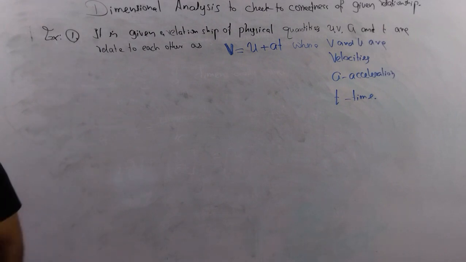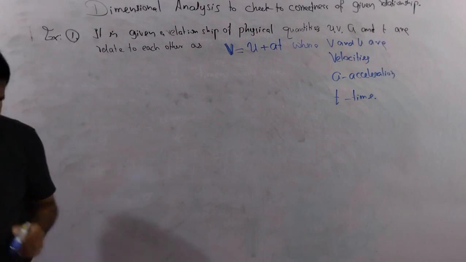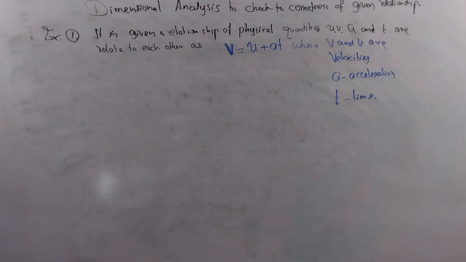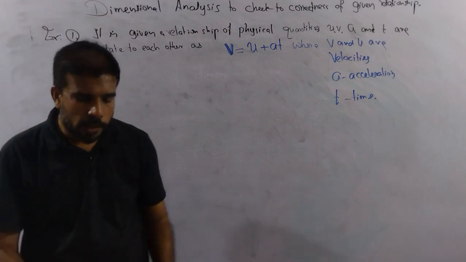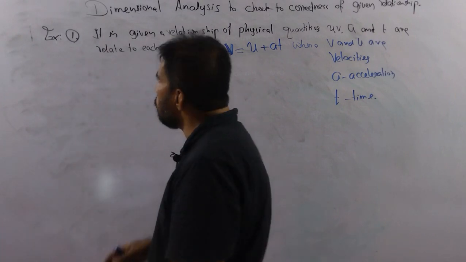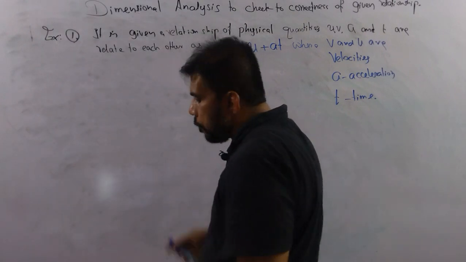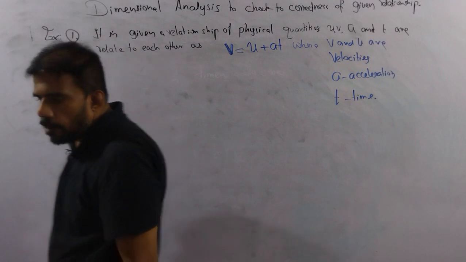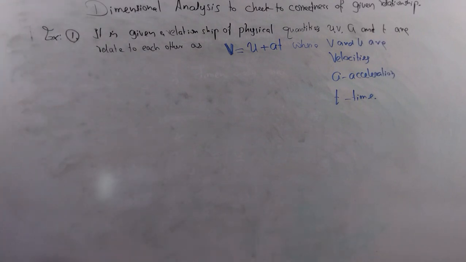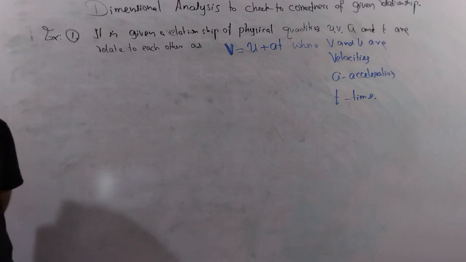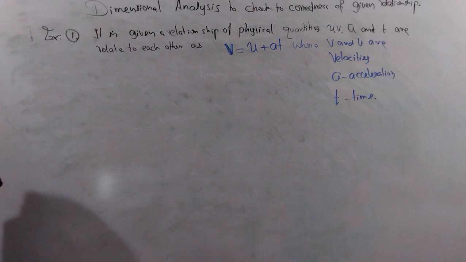How are we doing dimensional analysis to check the correctness of this relationship? First we check the dimensions of this equation in parts. If this relationship is dimensionally correct, its left hand side dimensions should be equal to right hand side dimensions.